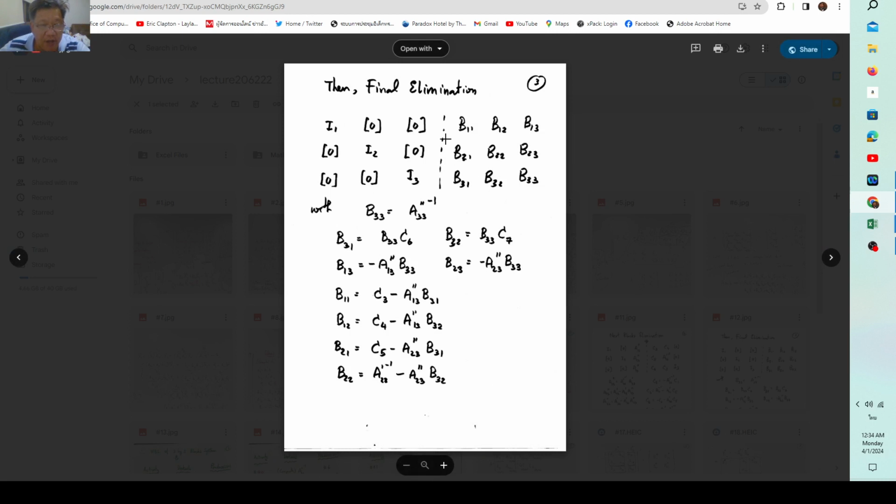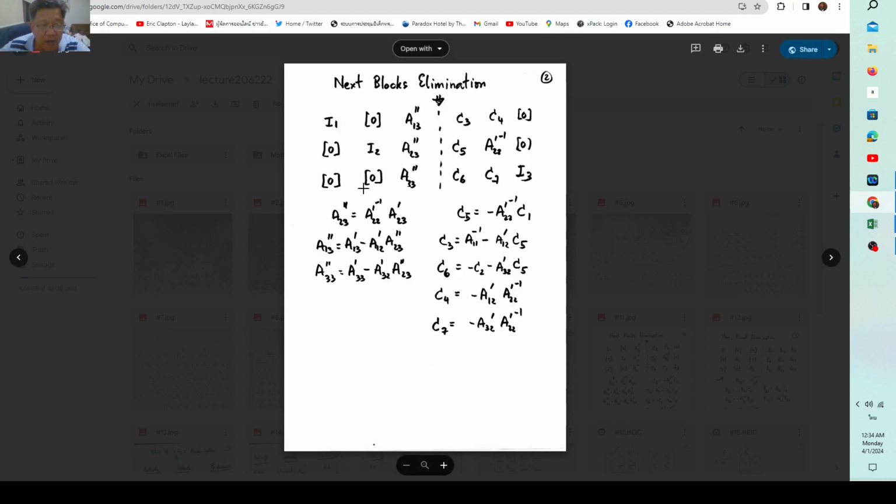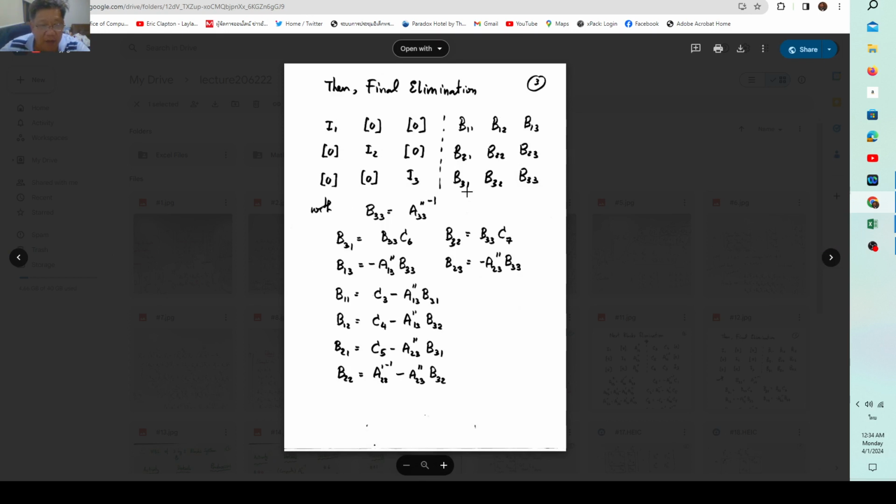And then you eliminate this to 0, you're using A13 double prime here to multiply this value, right? So A13 double prime needs to multiply B32, and then subtract from the original value, which is C sub 4. So this one is B12. And then you can get B21 similarly, right?